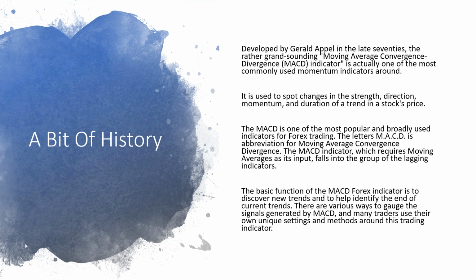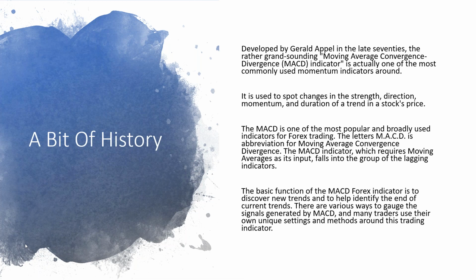The letters MACD stand for Moving Average Convergence and Divergence, which is a big mouthful. Now, the MACD indicator is based on moving averages as its input and falls into a group of what we call lagging indicators. I know in English, lagging and leading have connotations.